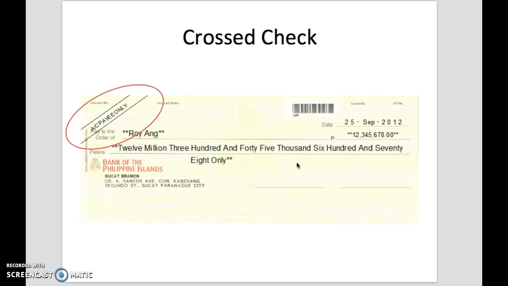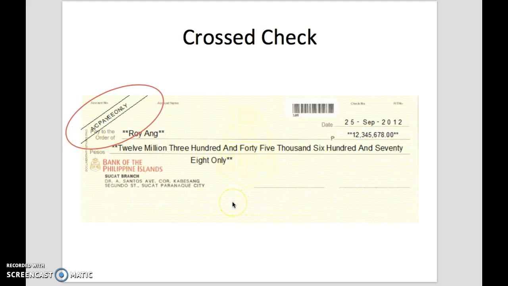So, for example, if this check gets lost and some other person tries to deposit or encash this, the bank wouldn't give it to the other person because this is under Roy Ang's name.